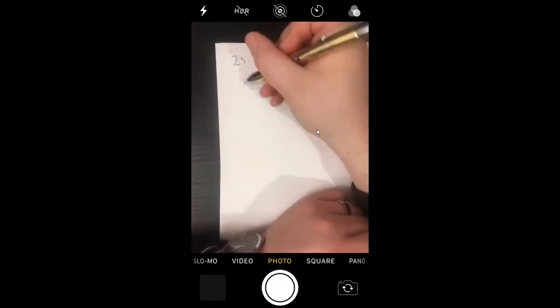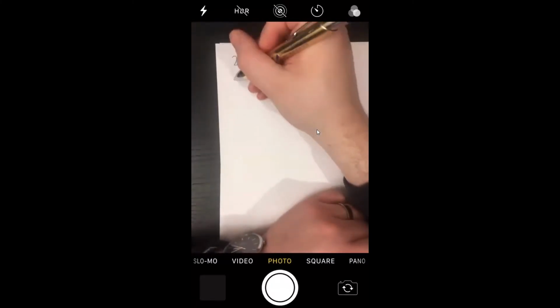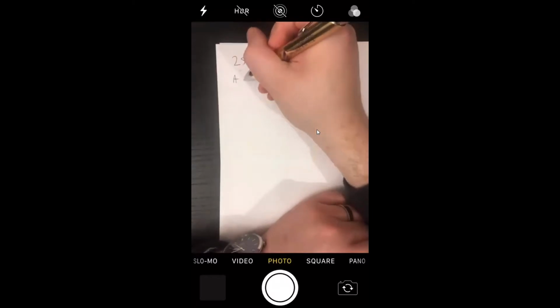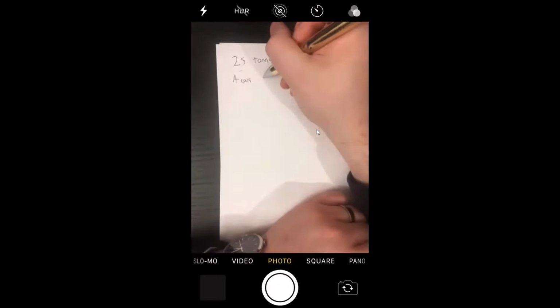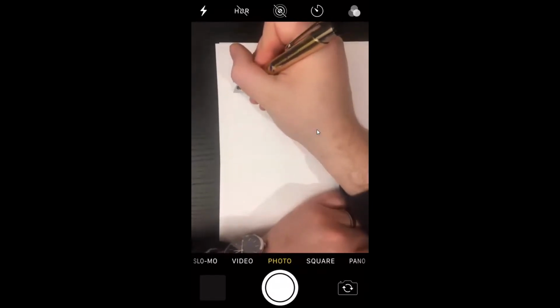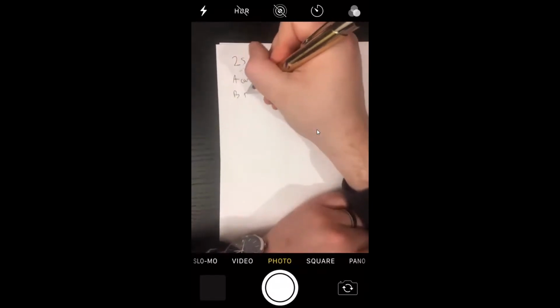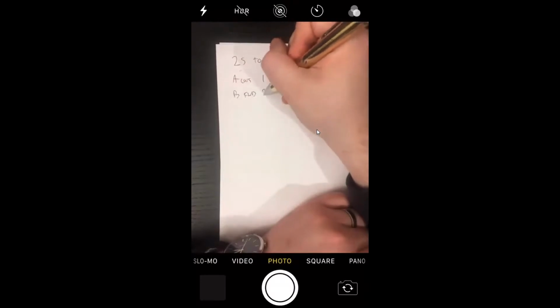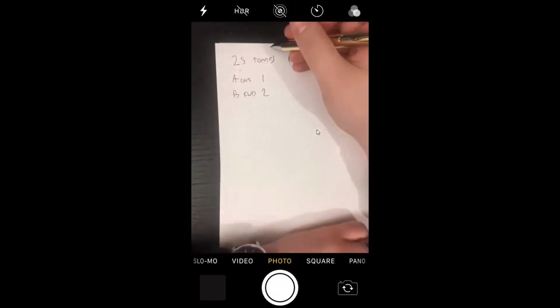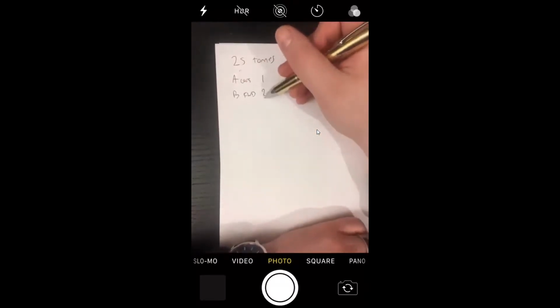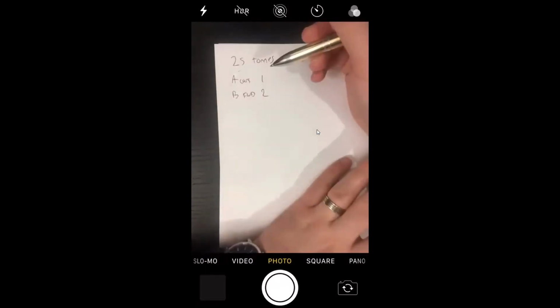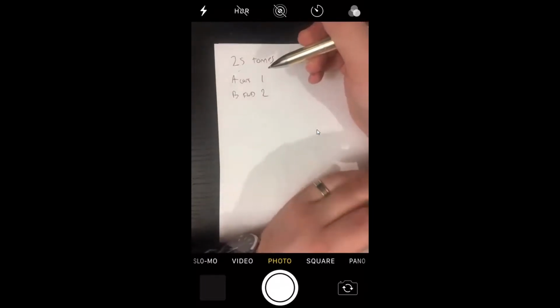We've got cars, which we'll refer to as A, and they're 1 ton, whereas four-wheel drives, which would be B, are 2 tons. So we need to find a way to add up all the weight. How do we get the total weight?